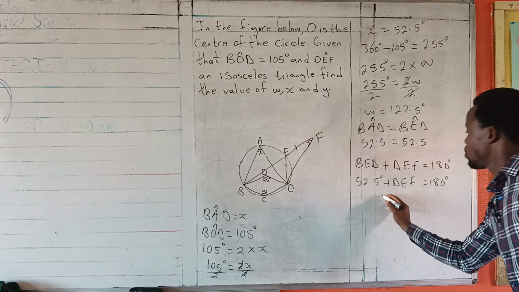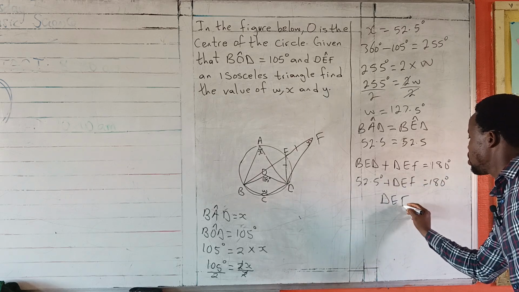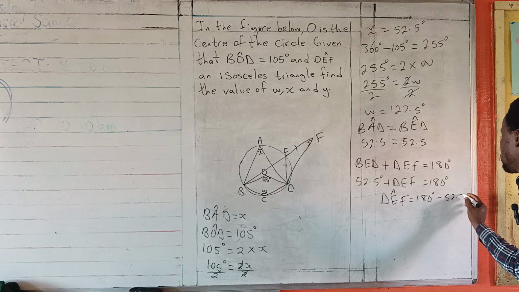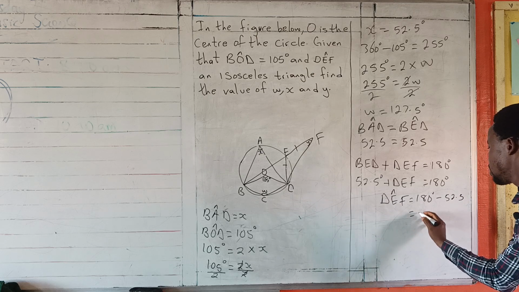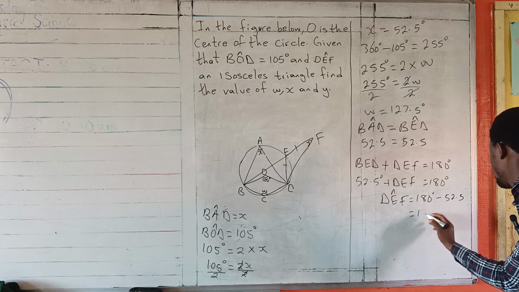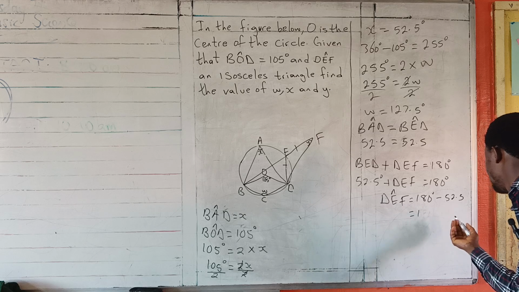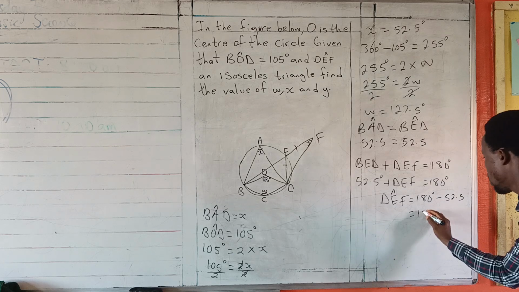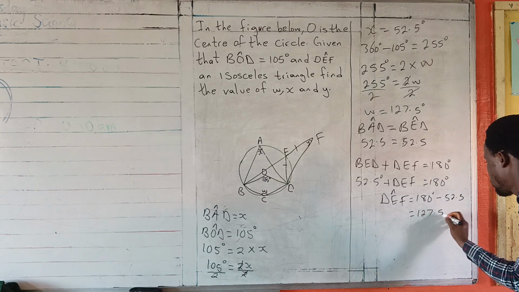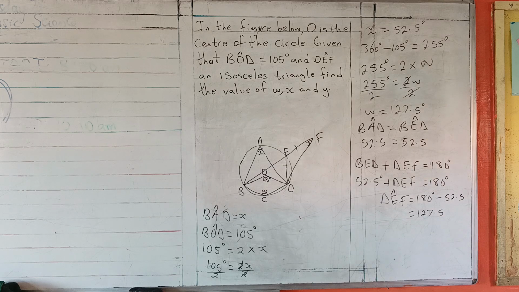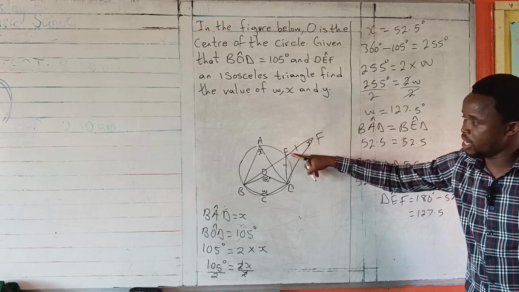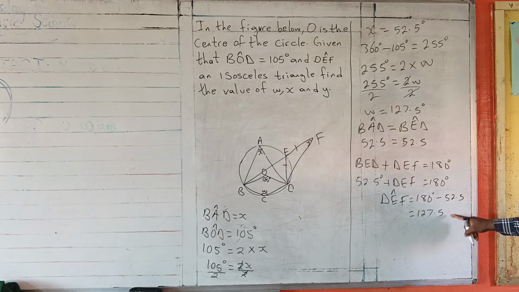Angle DEF equals 180 degrees minus 52.5 degrees, which is 127.5 degrees.